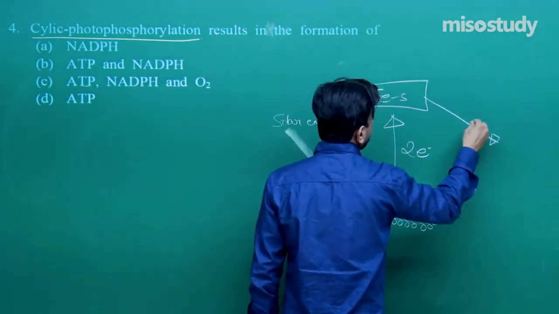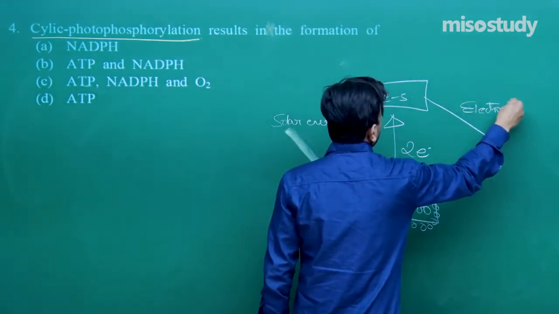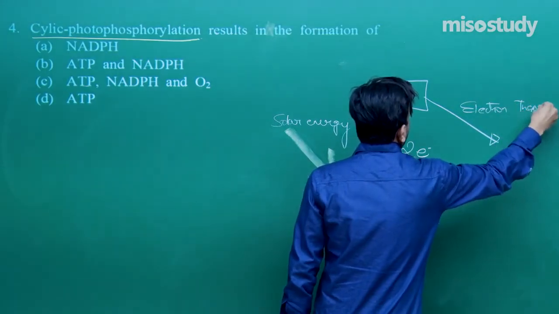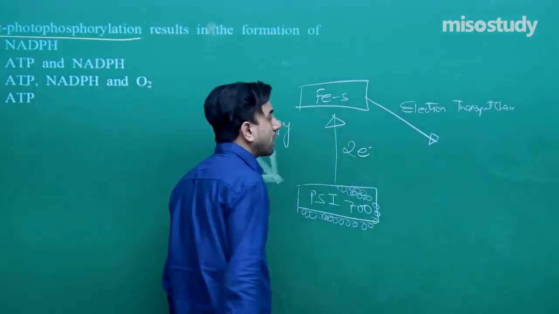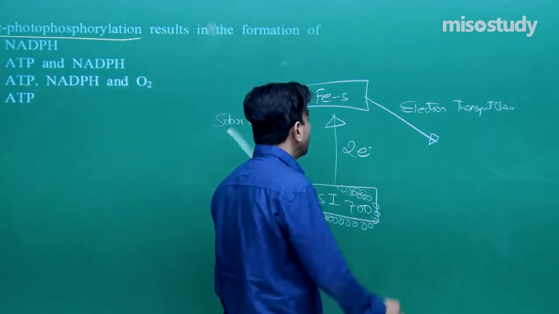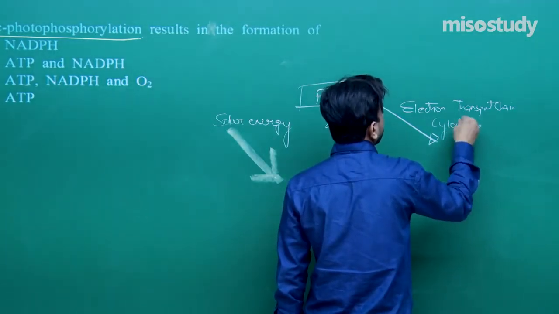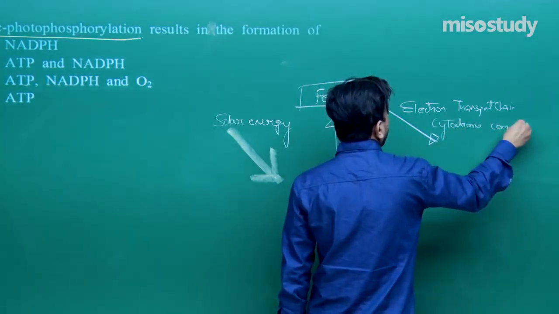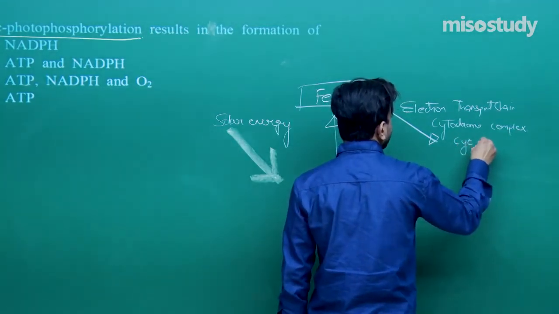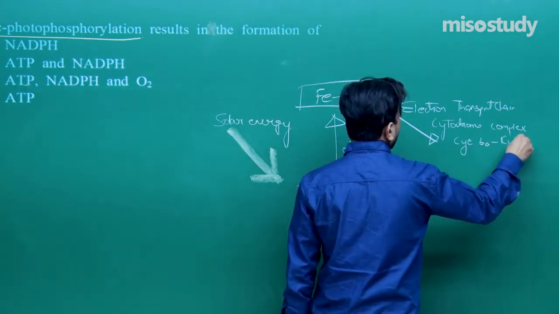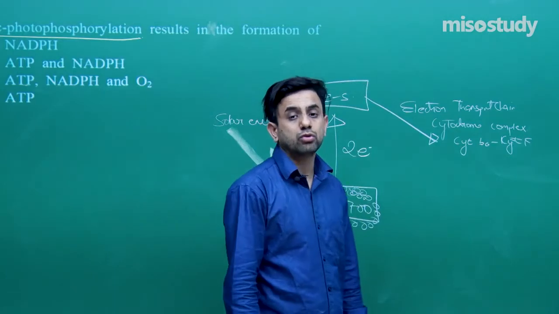Now what happens from here? Again, the 2 electrons flow down the electron transport chain. I'm not going to write it over here, but in the electron transport chain, what happens? There is a cytochrome complex as well, and when the electrons are passing from cytochrome B6 to cytochrome F, the energy of the electrons is used to form ATP.